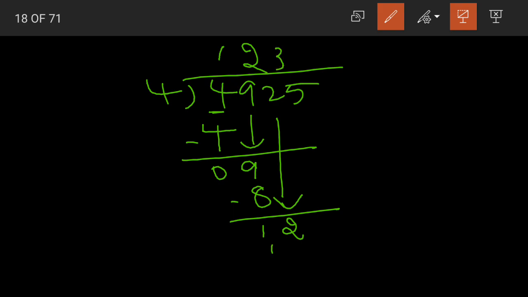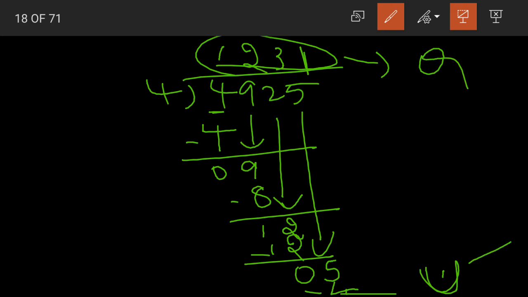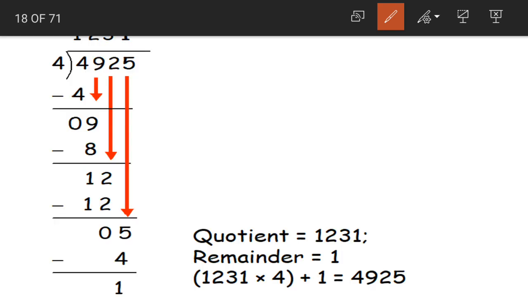We have 4 threes are 12. When we subtract, 0 will be the remainder, bringing 5 down. Now 5 does not come in the 4 table, but we have 4 ones are 4. Yes, when we subtract, 1 will be our remainder.